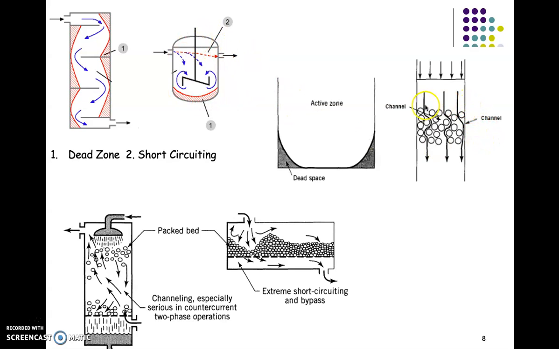Again, this is like channeling, some sort of shortcut, causing problems. And then this is for extreme short circuit and bypass. We're supposed to go through all the catalysts here, but somehow it took a shortcut. That's why we call it a short circuit, or also channeling or bypass, right?